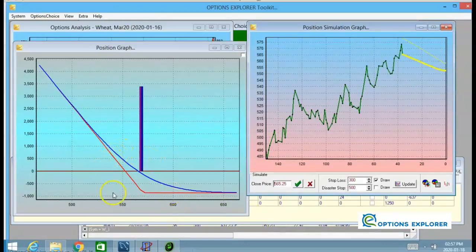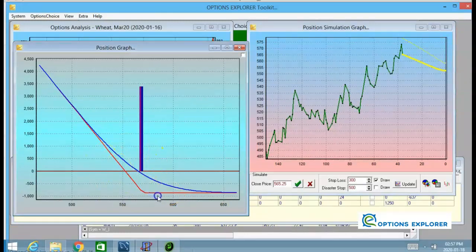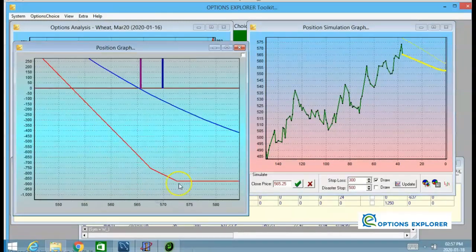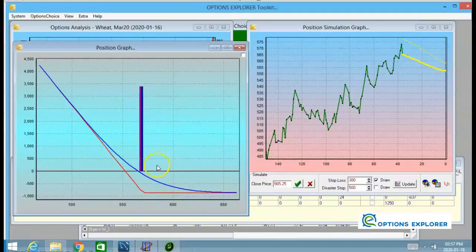And there you go. So here you can see you've got exactly the same position as the long put would have given you. Look at that. 875 is the maximum loss you can take in this position here. If the price moves up, you take a loss of 875. If the market goes down, you've got an unlimited profit.